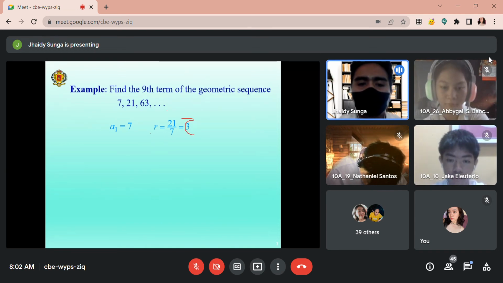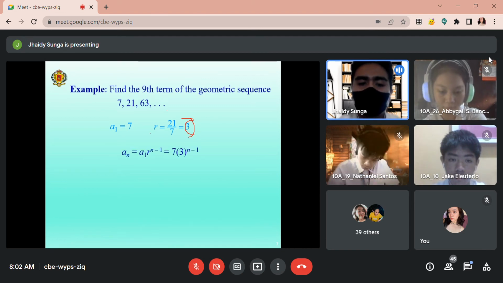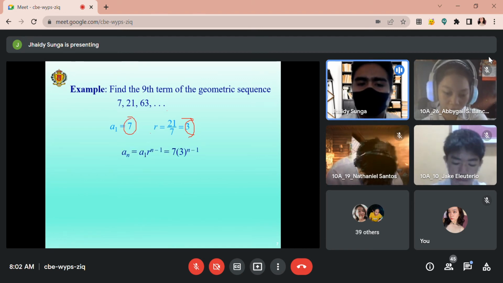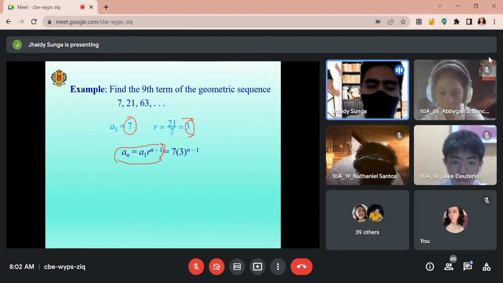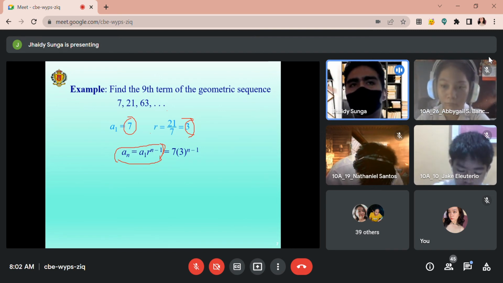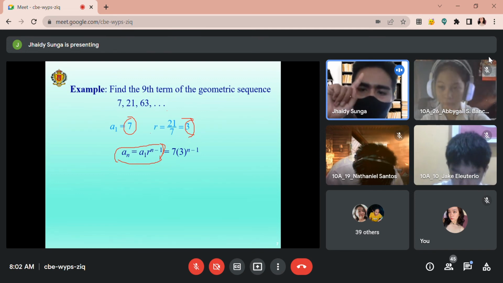After we got the 3, we can now have our formula. Our first term is 7. Grade 10, always remember in solving: before you solve, do not forget to write the formula first.